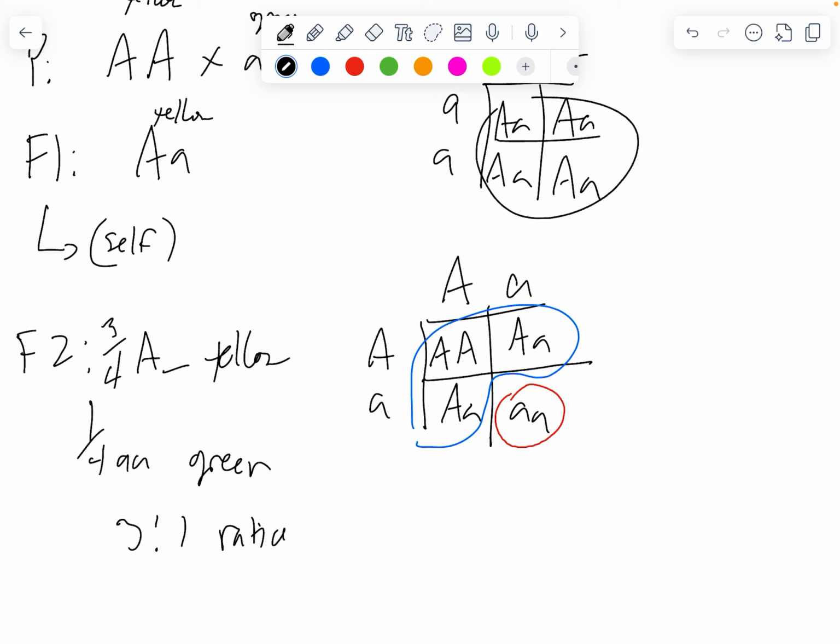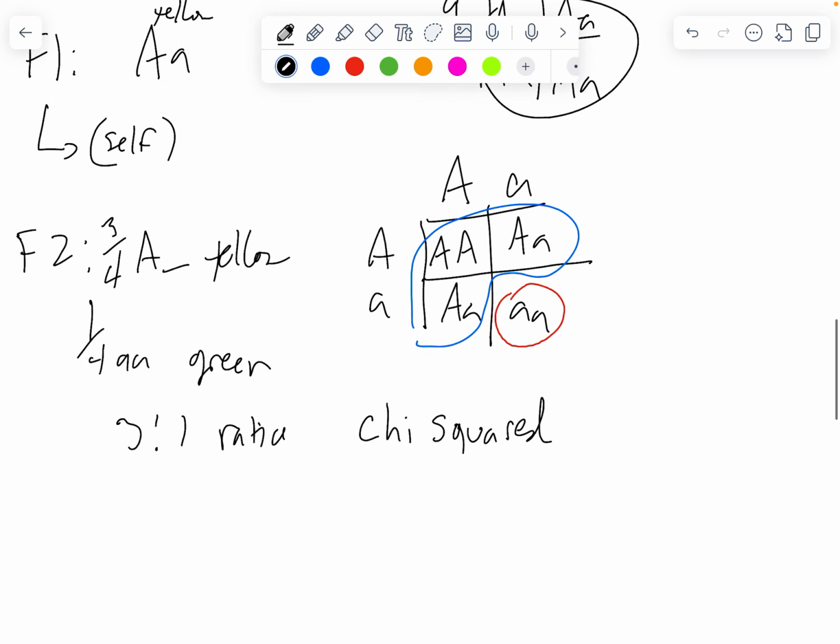And so he was a mathematician, and so he supported all of these hypotheses with chi-square tests. Right, we should see a 3-to-1 ratio, and he would breed hundreds of plants, and he would get hundreds of offspring. And so he could say, all right, if I have 400 offspring, then I should see 300 yellow and 100 green. And so he could do a chi-square test to determine if his observation was significantly different from his expectation.